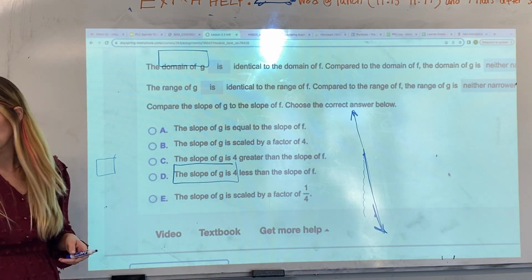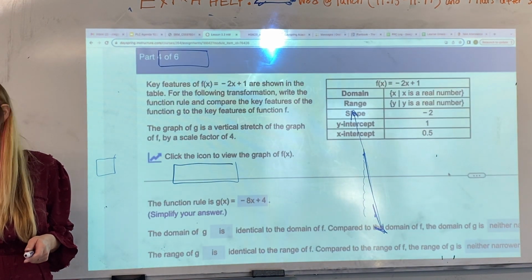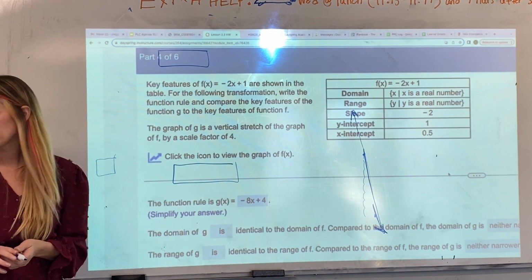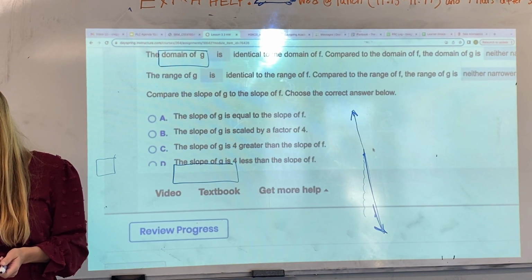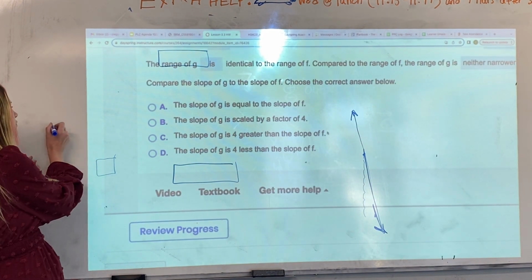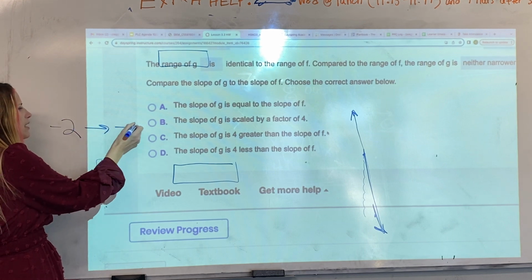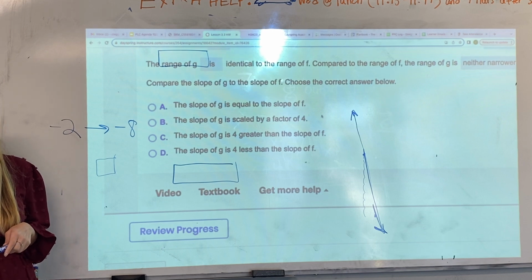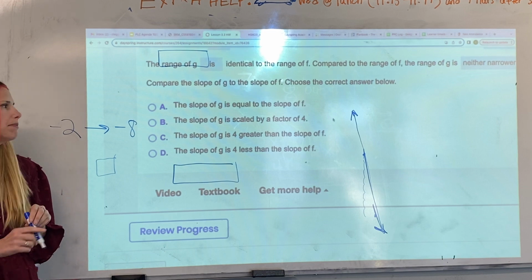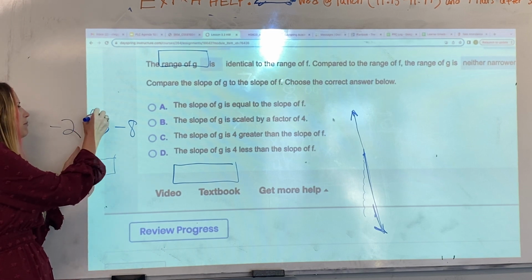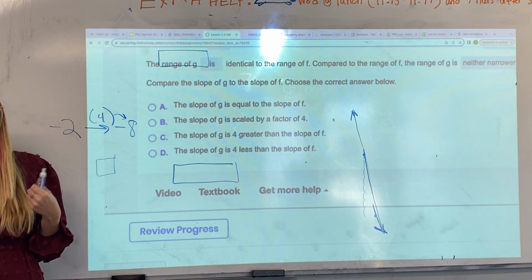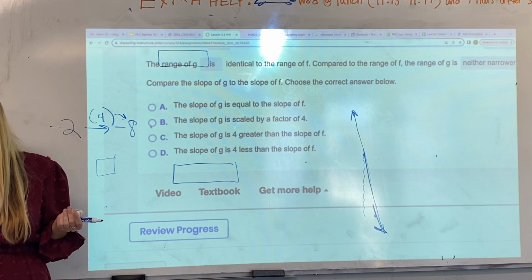The slope goes from negative 2 to negative 8. Let's see our answer choices. So we're going from negative 2 to negative 8. What happened? It's B, the scale factor. It is scaled by a factor of 4, meaning negative 2 is multiplied times 4 to get negative 8, just like it told us originally.